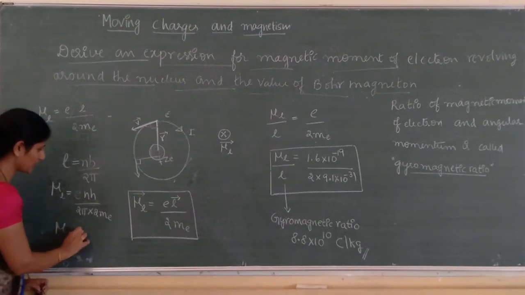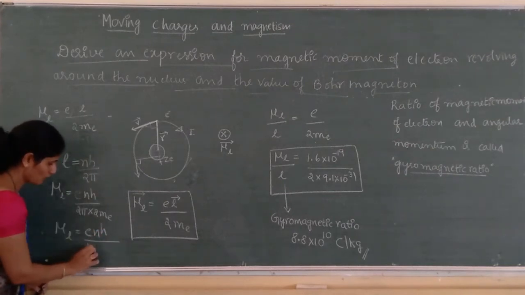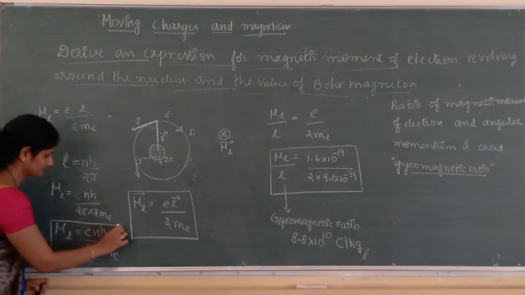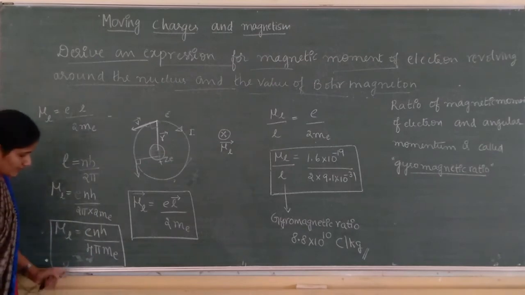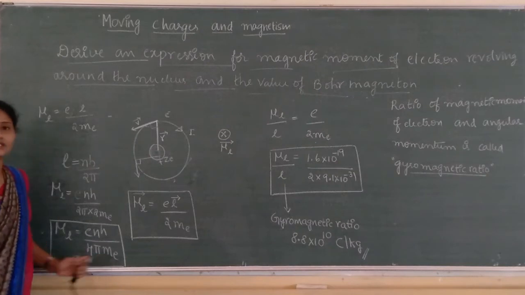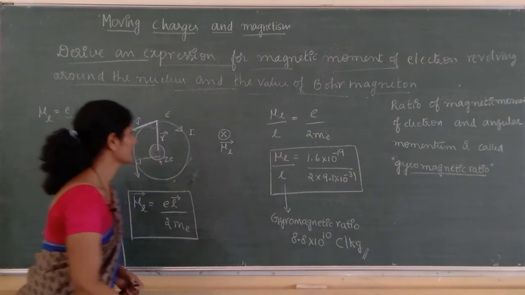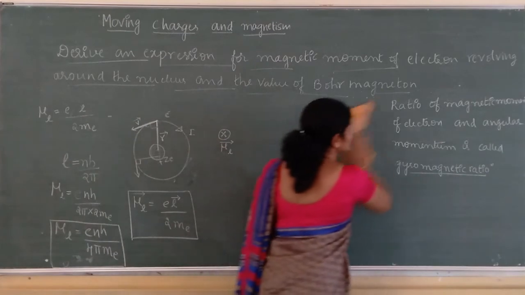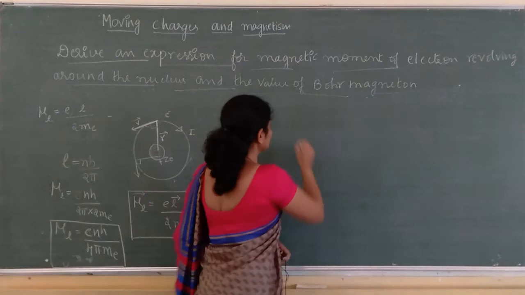So, the magnetic moment of the electron mu L is equal to E n h divided by 4 pi m into E. N is an integer. N is equal to 1 for the innermost orbit.